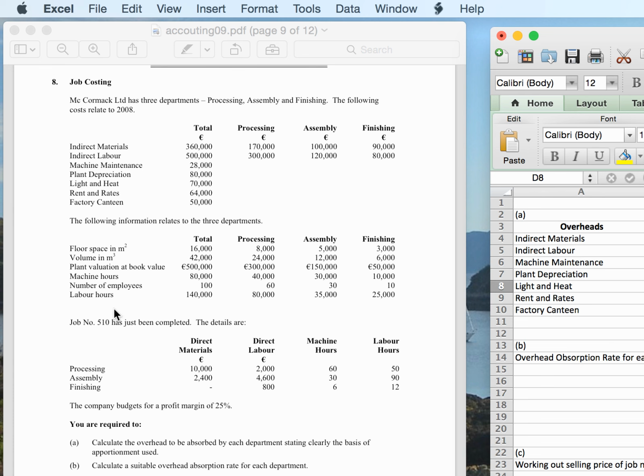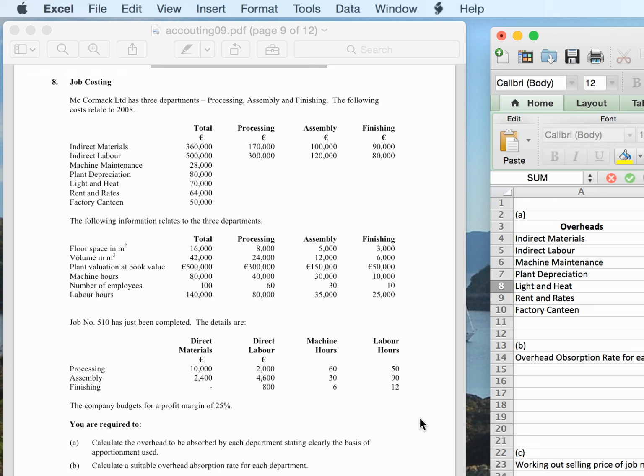Light and heat. I could have gone volume, number of employees, maybe. I could have maybe done machine hours, but I'm going to use, let's say, volume for the hell of it. Now, if you use a different one, you may end up with a slightly different figure, but it shouldn't make a difference to the overall marks once you've used common sense sharing it out.